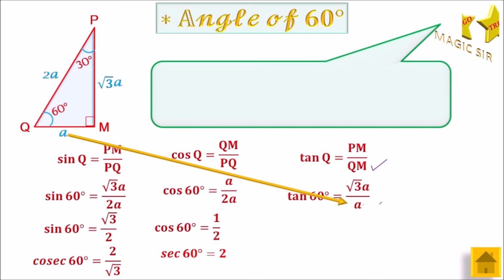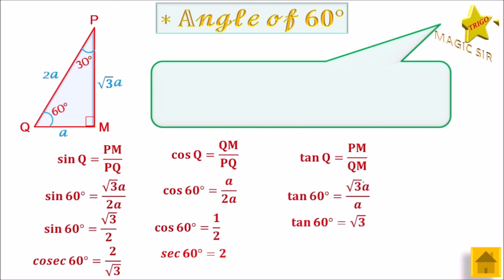By simplifying, we get tan 60 is equal to root 3, that is tan 60 equal to root 3.